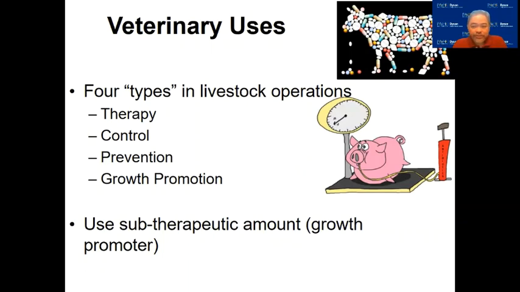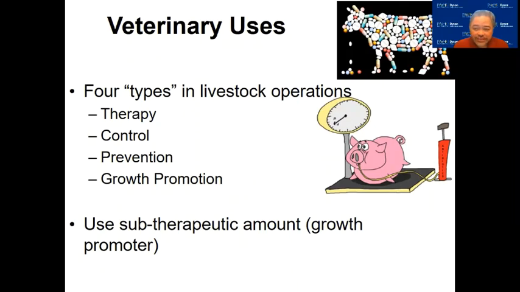So they like to control any outbreaks of disease in their animal population. And then they also use it for prevention, wherein antibiotics are used in animals considered at risk, but where individuals do not show signs of disease.